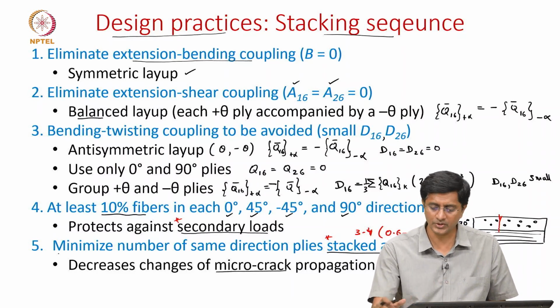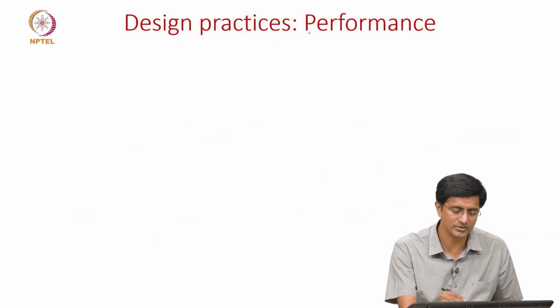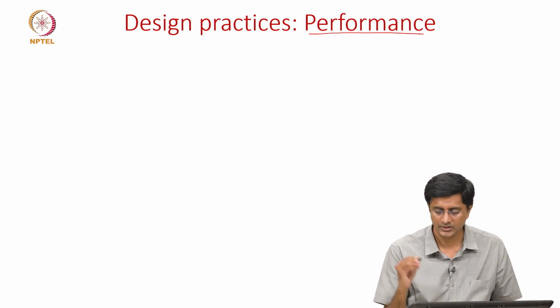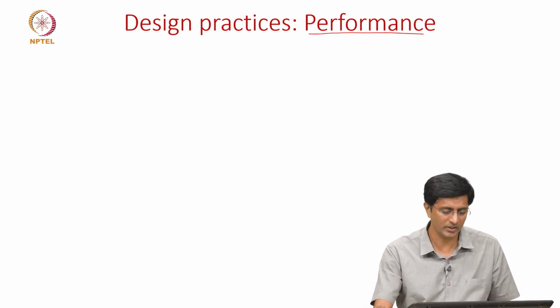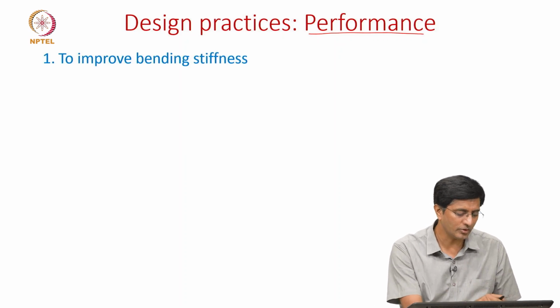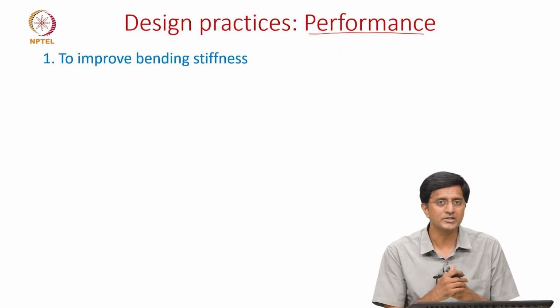In addition to this, we have a few more design practices. But now we are focusing on the performance of the composite. Let's say we have different scenarios where we may need to improve the bending stiffness. So how do we improve the bending stiffness?